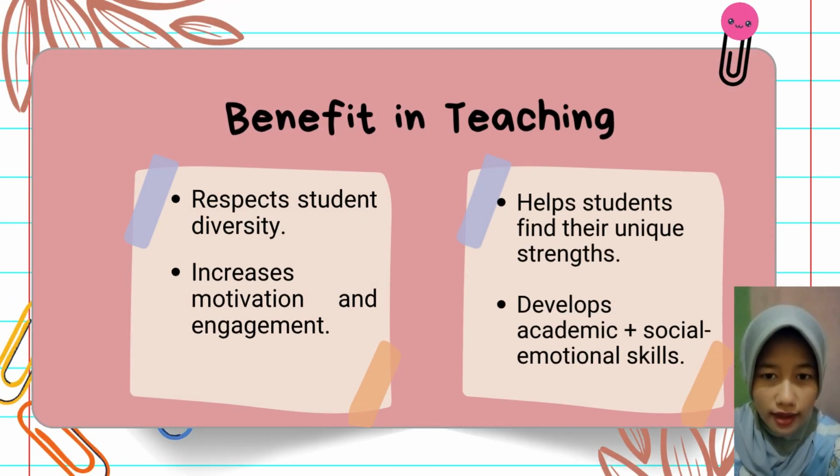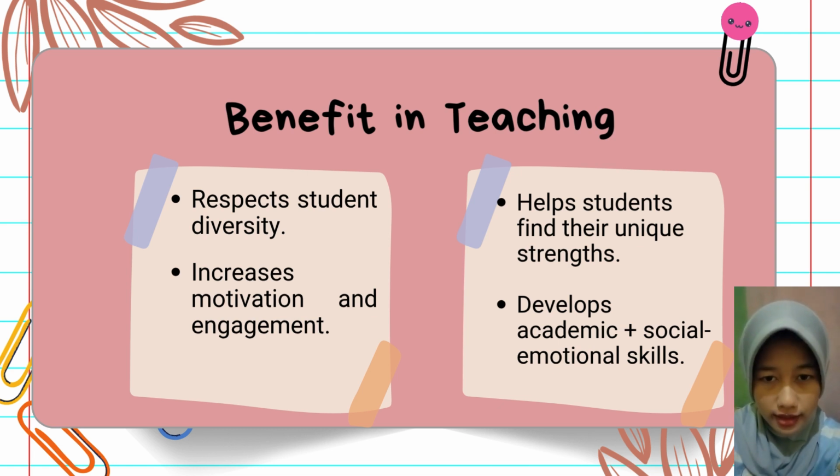Okay, on this slide I will explain the benefits of applying multiple intelligence in teaching. First, it respects student diversity. This theory recognizes that every student is different and has their own strengths.